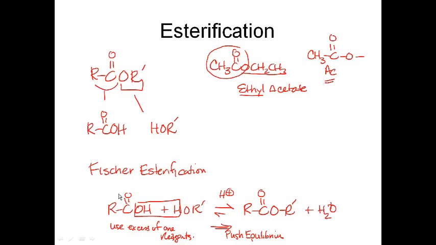And typically we use an excess of the carboxylic acid because we can then remove the carboxylic acid from the final product by extracting it out with sodium bicarbonate, because the bicarbonate would deprotonate the carboxylic acid, turning it into an ionic compound, which then goes into the water layer. So it's easy to remove the carboxylic acid by deprotonation and extraction, but it's very difficult to remove the alcohol. So typically we use excess carboxylic acid.